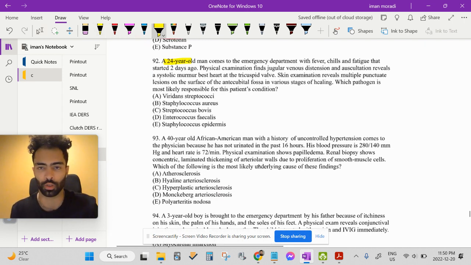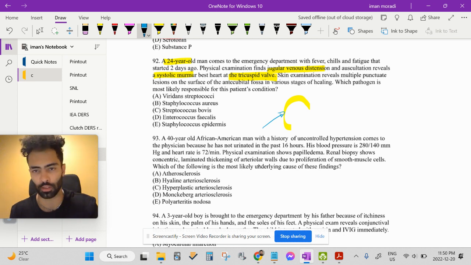All right, so a 24-year-old with jugular vein distension and a systolic murmur best heard at the tricuspid. Okay, tricuspid valve. This is where all the veins go to, right? If you're a drug user, this is where you get infections.